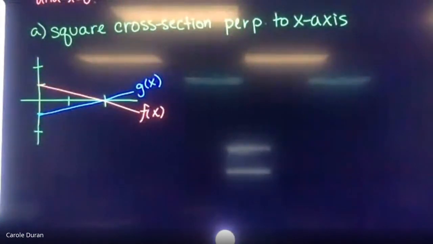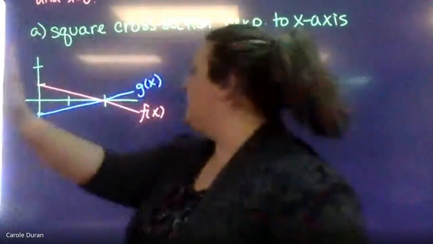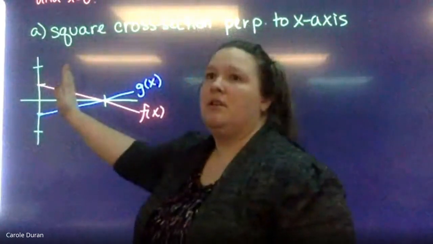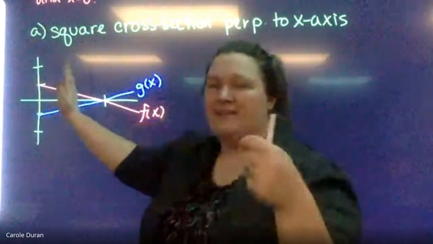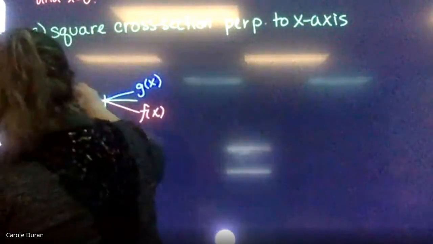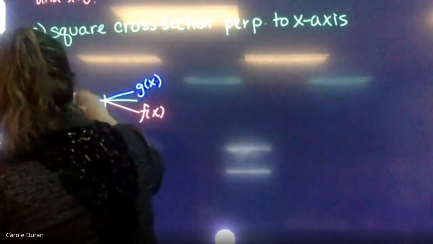So what this particular problem told me is that I'm looking at a square cross-section that runs perpendicular to the x-axis. What that means is if I took a knife and cut into the shape perpendicular to the x-axis, the slice I take out is going to look like a square. So I like to draw where the cross-section is coming out of.